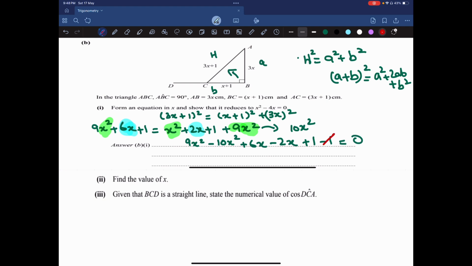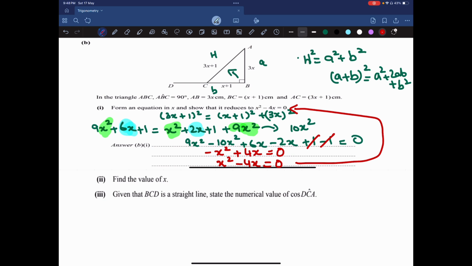Okay, so this gets cancelled out. 9x square minus 10x square would be negative x square, plus 6x minus 2x is plus 4x, equals 0. Multiply this expression with a negative sign and you get x square minus 4x equals 0, which is the same as the expression that we had to prove.